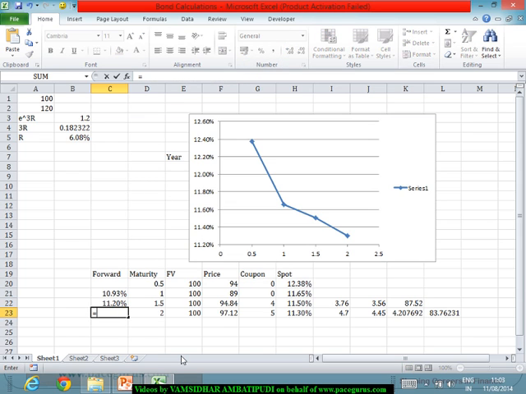And here, again the same logic, R2 T2 minus R1 T1 divided by T2 minus T1. So here it is working out to somewhere around 10.69%.